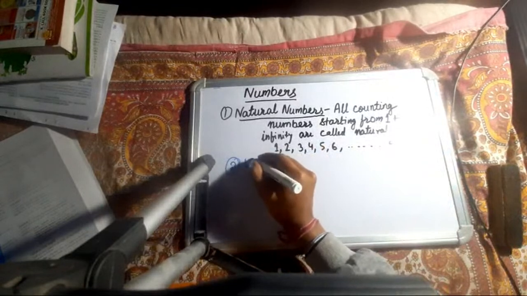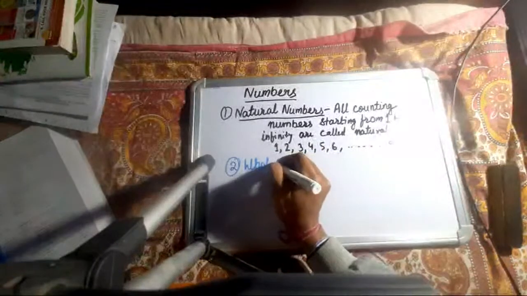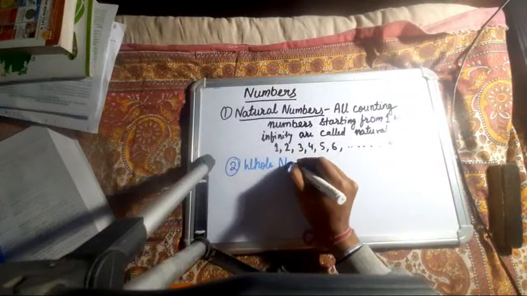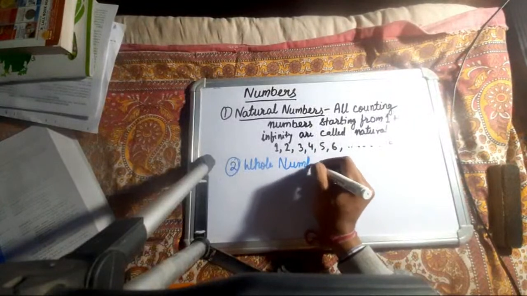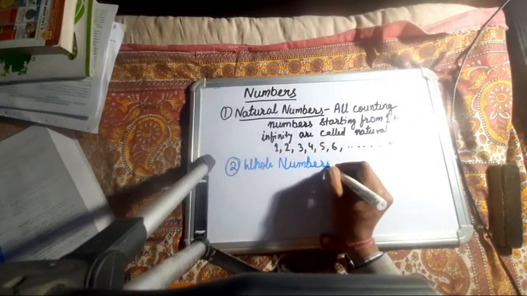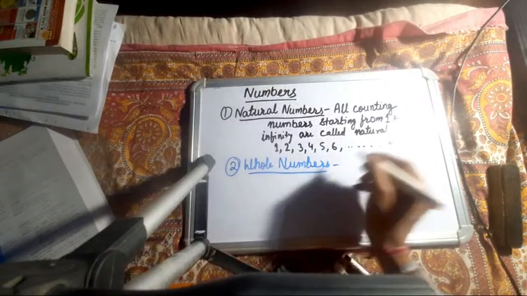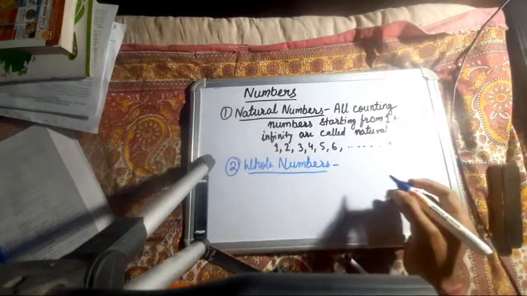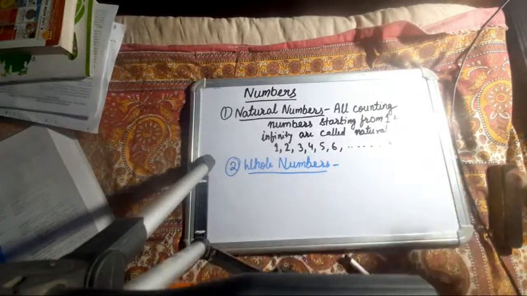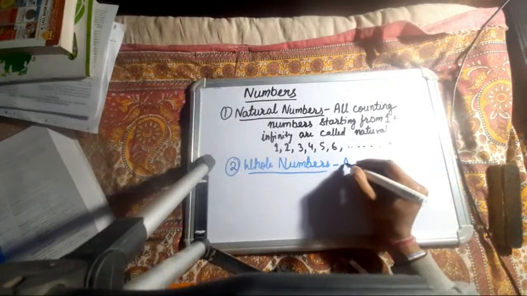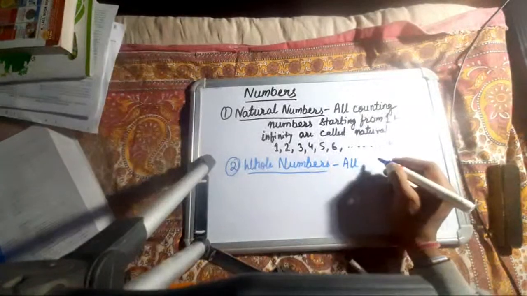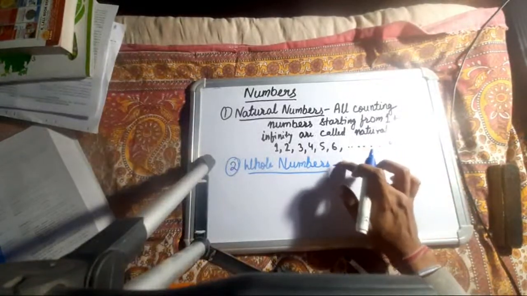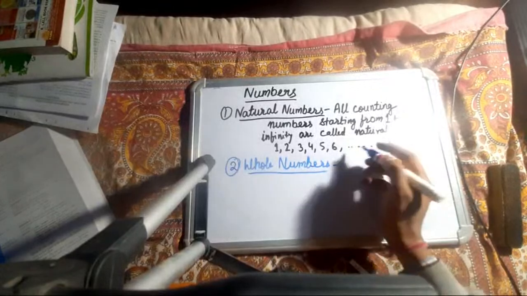Now coming on to the next, our second one, whole number. What are whole numbers? Whole numbers, again we could write, are the natural numbers including 0.